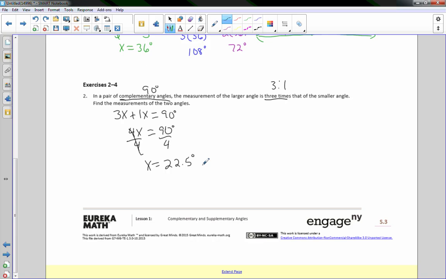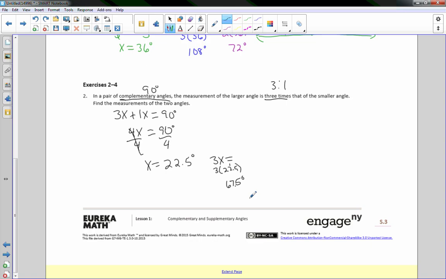So one angle is 22.5 degrees, and the other one is equivalent to 3x, and that would be 3 times 22.5. 5 times 3 is 15, 3 times 2 is 6, plus 1 is 7, and 3 times 2 is 6.